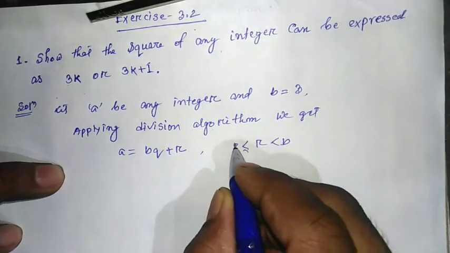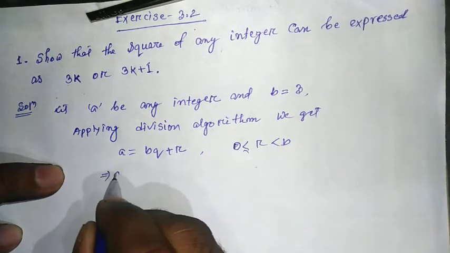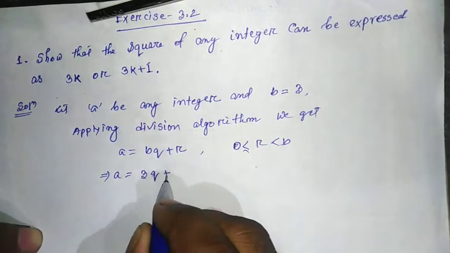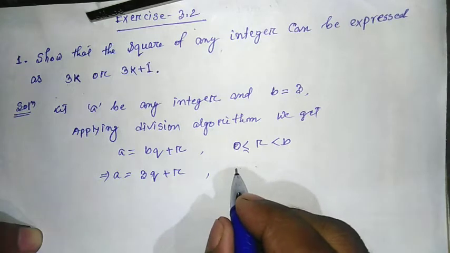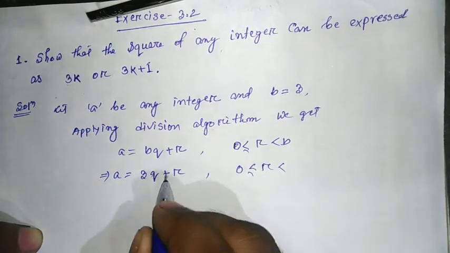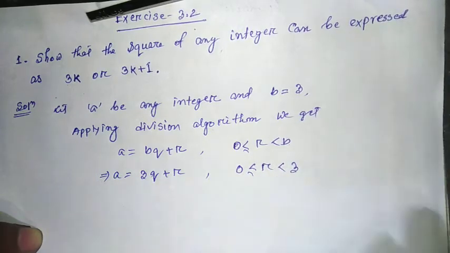So we have a, and b means 3, so 3q plus r, and here r is less than b, which means less than 3.